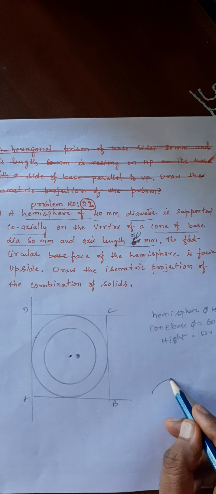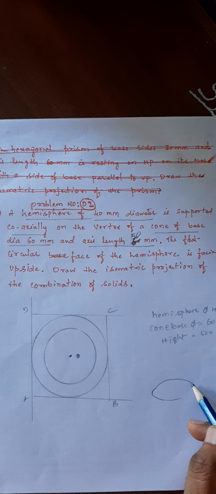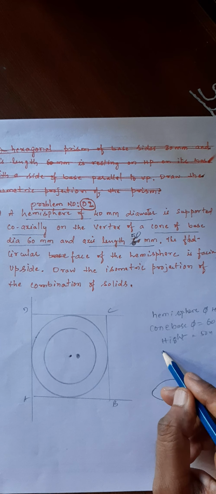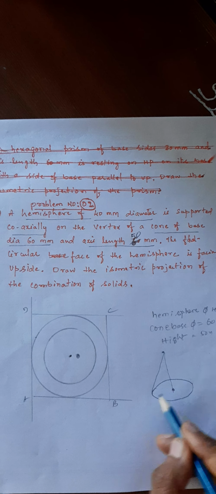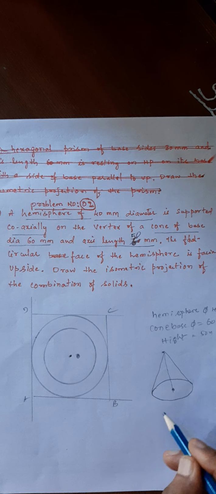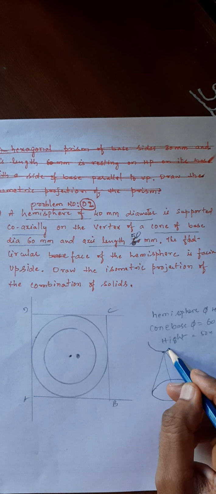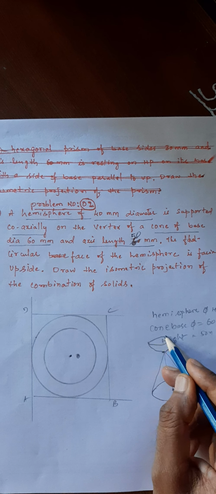Now just draw an ellipse here. Now this is the center and this is the height. This is the cone, so at the top of the cone, over this, an ellipse is placed like this. A hemisphere is placed like this.